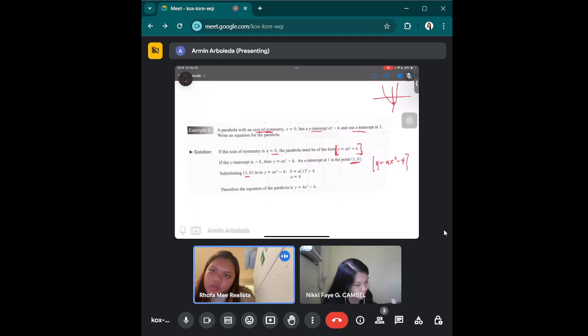Because it's an x-intercept. So replace it. What's our y? That's 0. So the equation of the parabola would be y is equal to 4x squared minus 4.